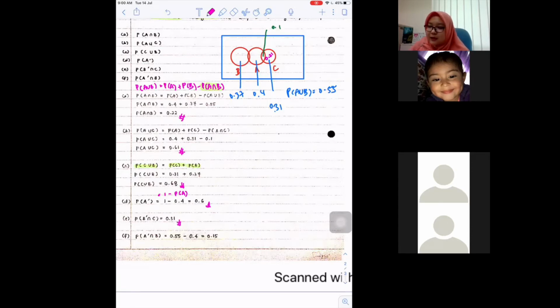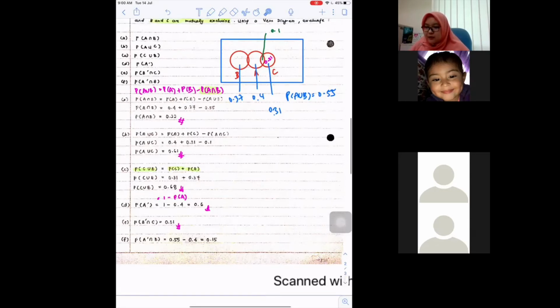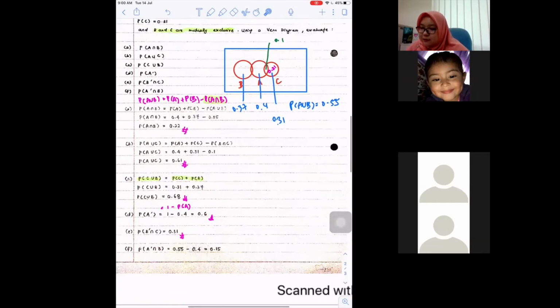And lastly, the intersection of A complement and B. This is A, and outside of A is A complement, and then you want to intersect with B. So how should you do this? We already have the value of this intersection here.